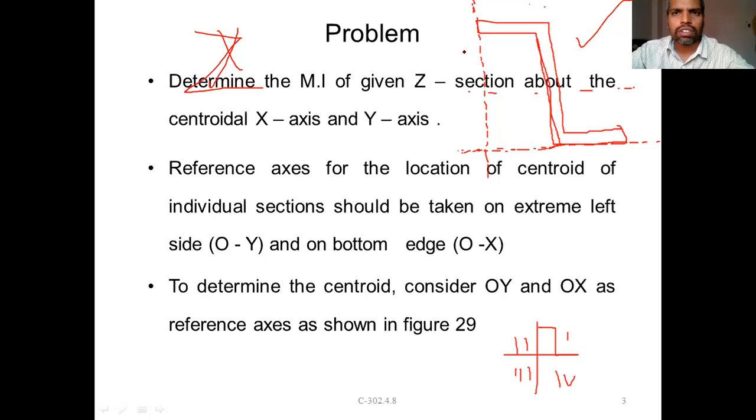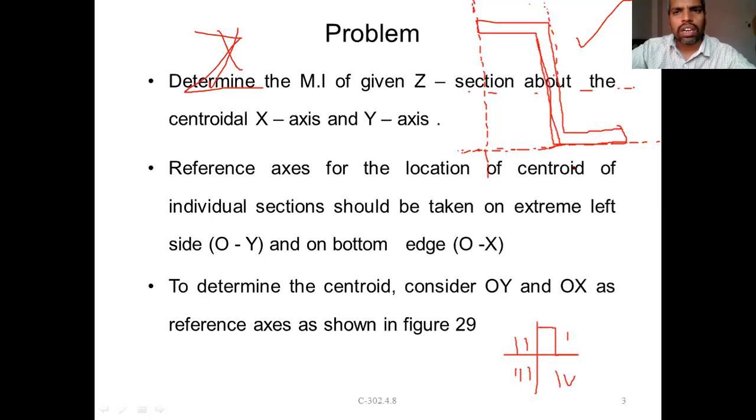That is why we choose the reference axis at the extreme left and extreme bottom, so that the entire section is in the first quadrant and the x and y values are both positive. This is not a hard and fast rule, it only facilitates some easiness. Otherwise, if we take the reference axis differently, nobody can say that it is wrong.